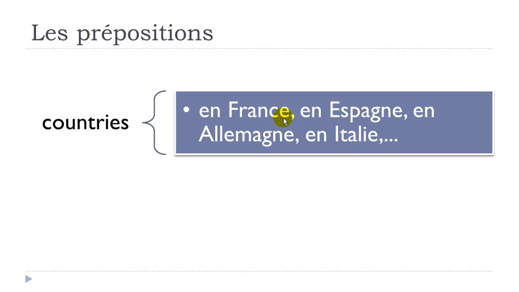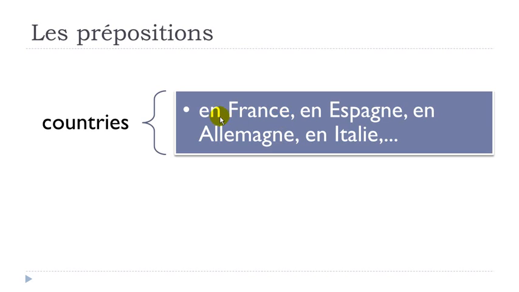We've got exceptions, of course, because French language is quite tricky, like Mexique, for instance, it's masculine, but in many cases it will mean that it's feminine.